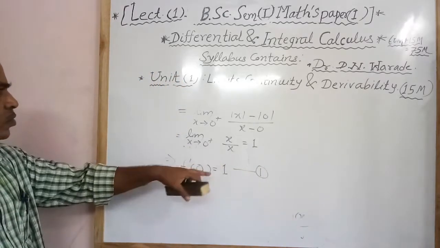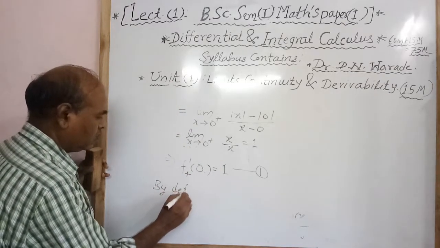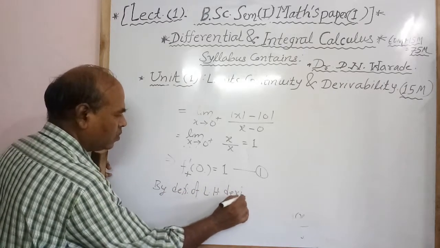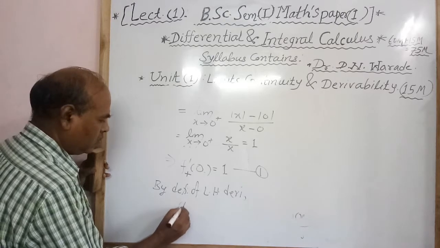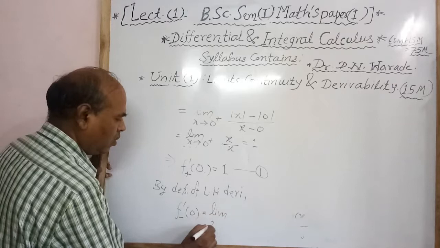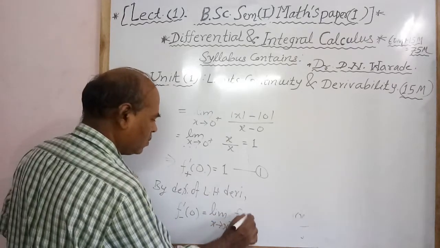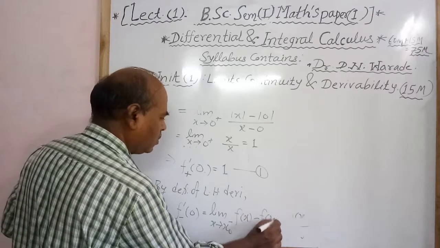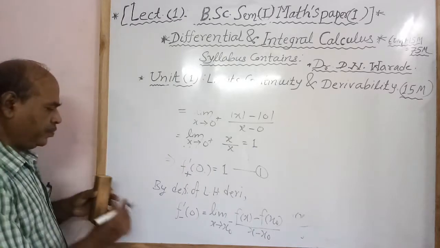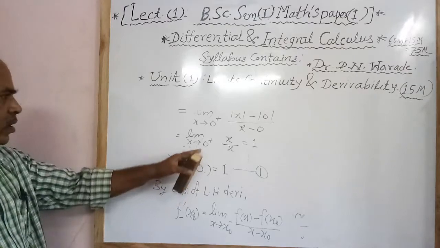Now this is the right hand derivative; we find the left hand derivative by the definition of left hand derivative. We have f dash of 0 minus equal to limit x tending to x0 minus of f of x minus f of x0 divided by x minus x0. Now take the point x equal to 0.